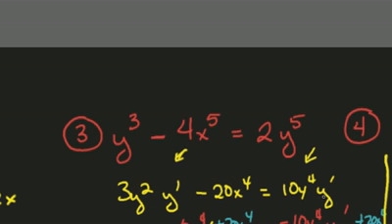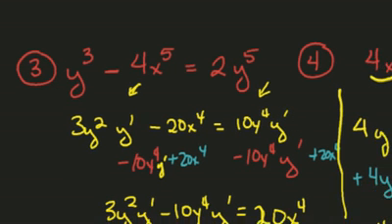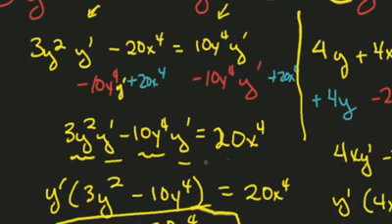We derived a y, so we get y prime. Here, this is the first scenario where we have two y primes. Get them all on one side, everything else on the other side. So in order to achieve that goal, you have to subtract this 10y to the fourth y prime on both sides, and then add the 20x to the fourth on both sides. When you do that, you get this.